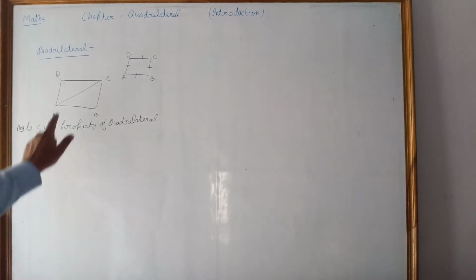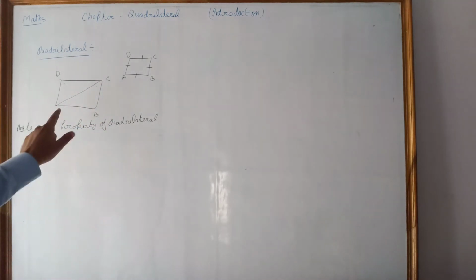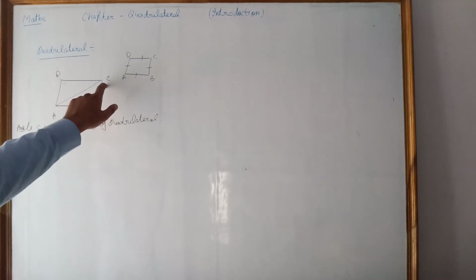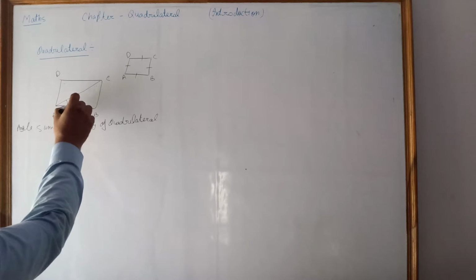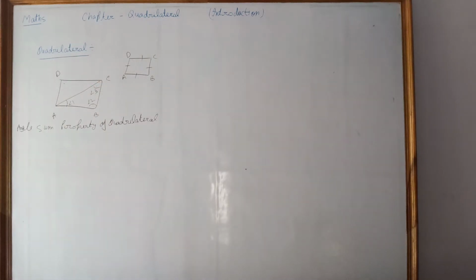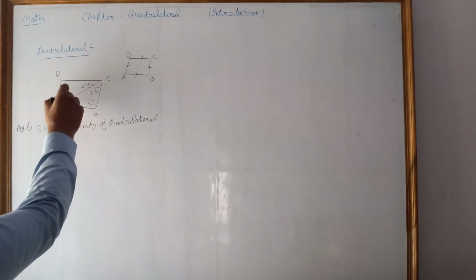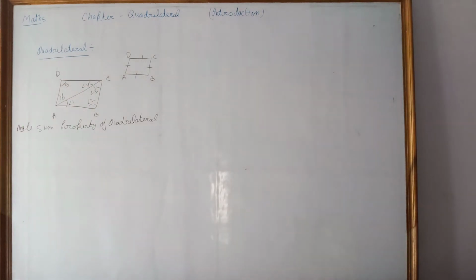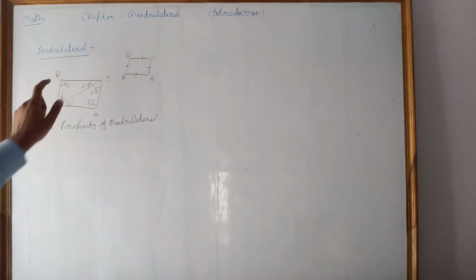Now this quadrilateral ABCD is divided into 2 triangles: first triangle ABC and second triangle ADC. Now give the names angle 1, angle 2, angle 3, angle 4, 5 and 6 to the angles of the 2 triangles.